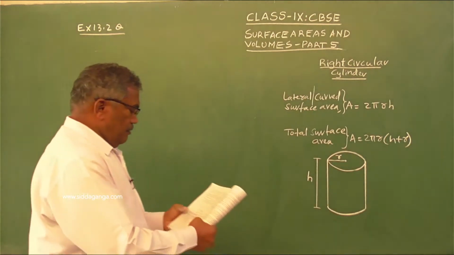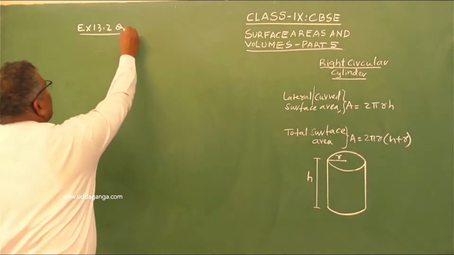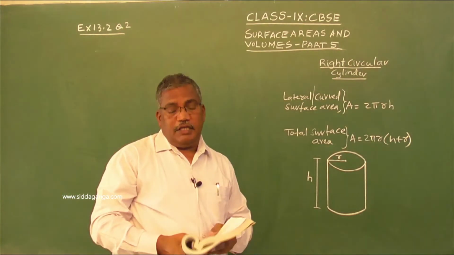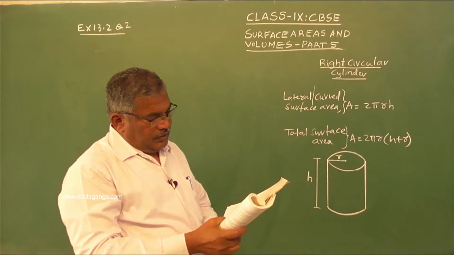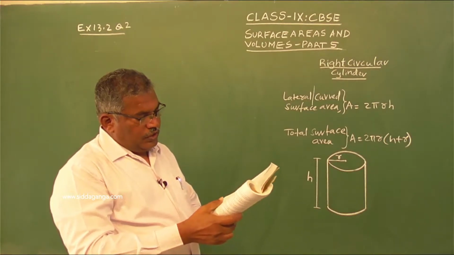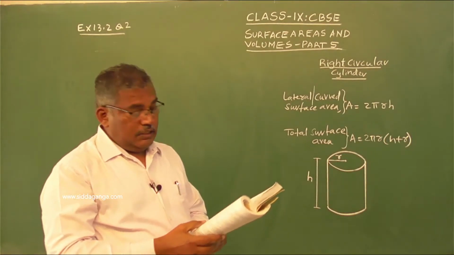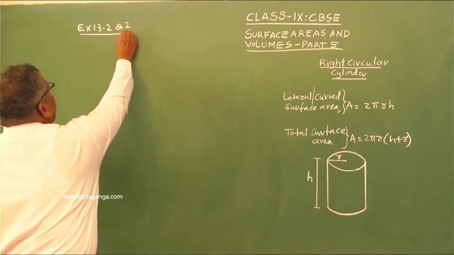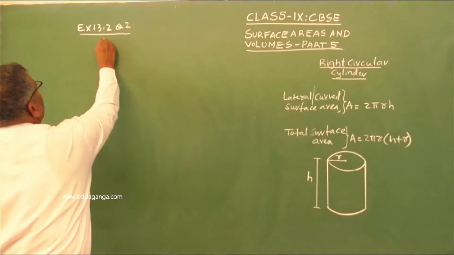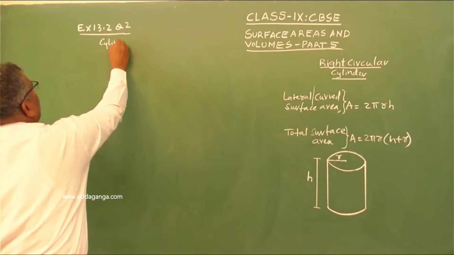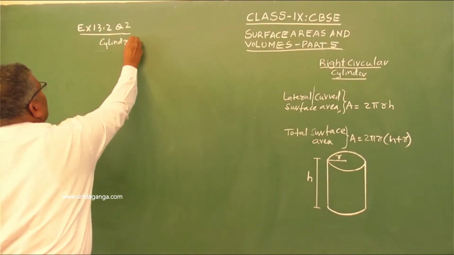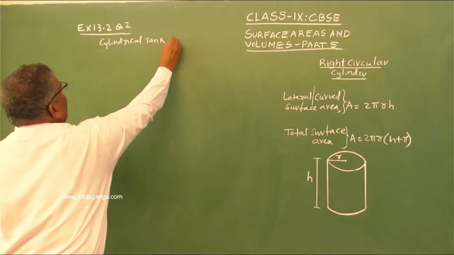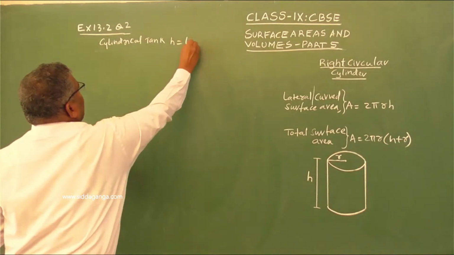Second question, question number 2. Carefully read the question and list the given data. It is required to make a closed cylindrical tank of height 1 meter. So cylindrical tank height is equal to 1 meter.